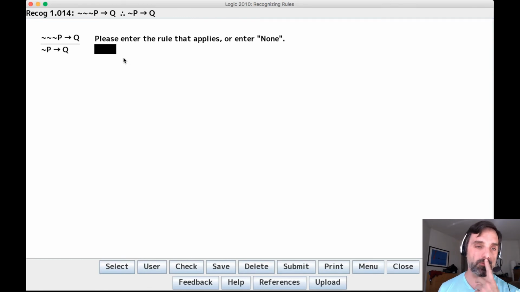Okay, how about this? Not not not if P then Q, then not if P then Q. Is this double negation elimination? Well, it might look like it. I mean, there we have 3 negations at the beginning on the left side of the premise, and there we have 2, only 1 on the left side of this formula. But in fact, this is not double negation elimination, because double negation elimination says if you have a sentence, and you have two negations outside of the sentence, negations of the whole sentence, then you can write down just the sentence.